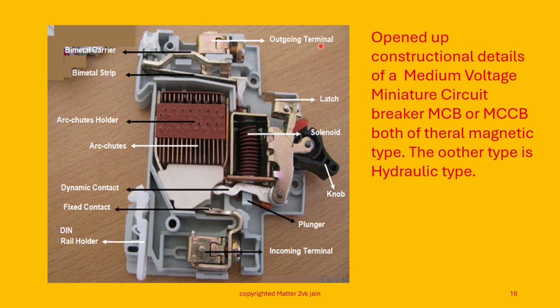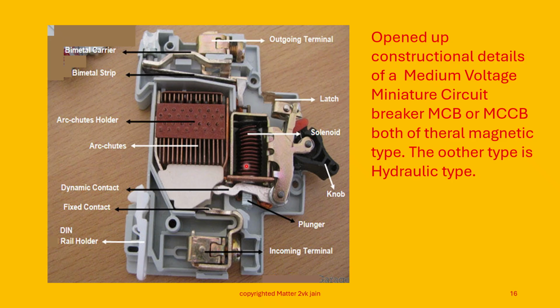Now you can take it like this, that overcurrents are dealt with by a bimetallic strip which has two portions, one fixed portion and another dynamic portion. So when this overcurrent is there, this contact system operates and opens up the circuit.